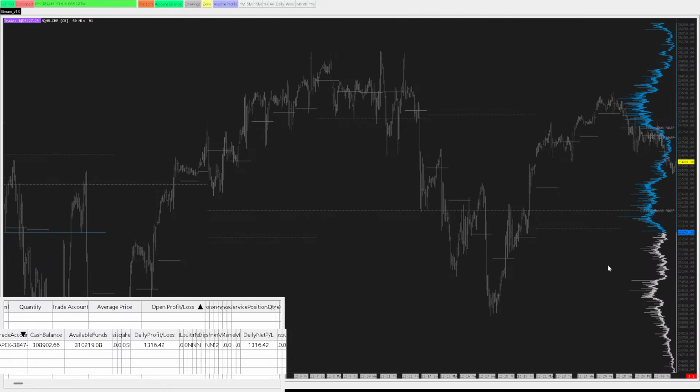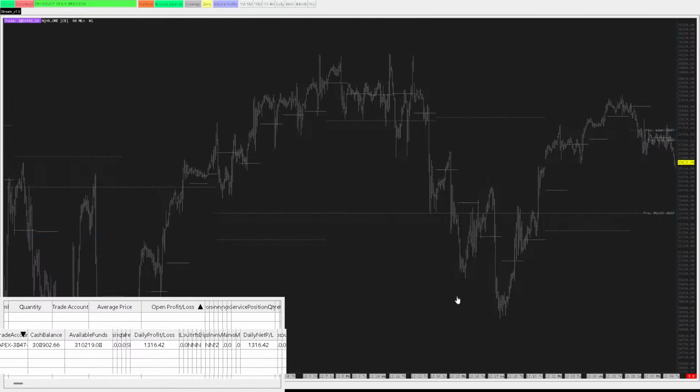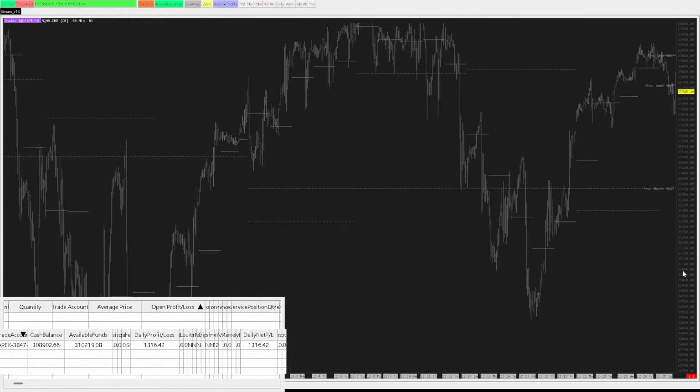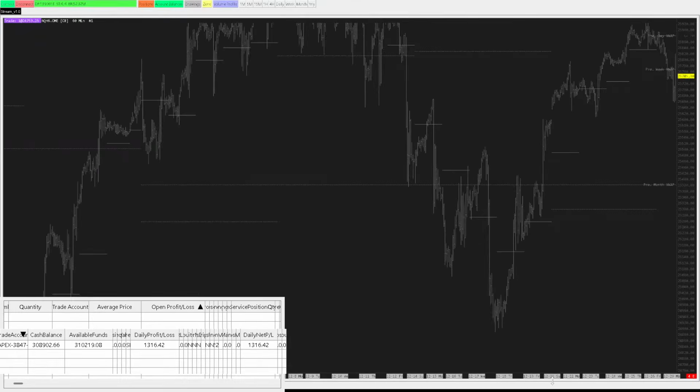Let me turn this off. Okay, so look at the far right side of my chart. And I'll try to zoom in a little bit.